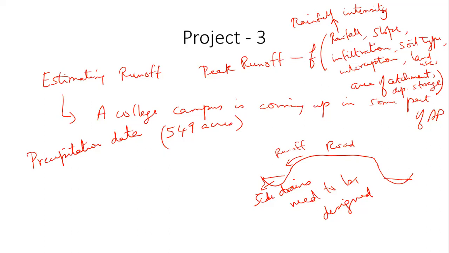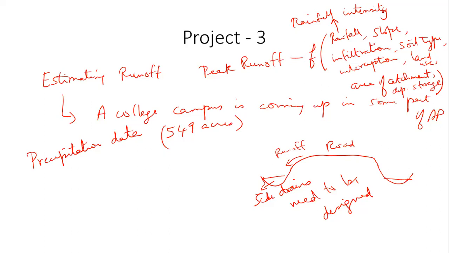Now, does rainfall intensity depend on something? Rainfall intensity doesn't depend on anything. So we'll leave rainfall intensity alone. Now, after having said this rainfall intensity, is there just one more thing that you think we need to take into account? One more parameter.